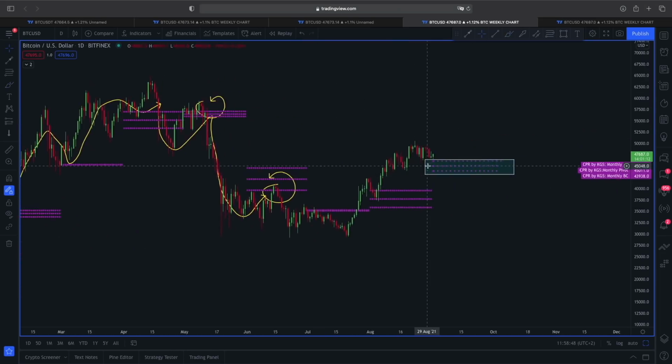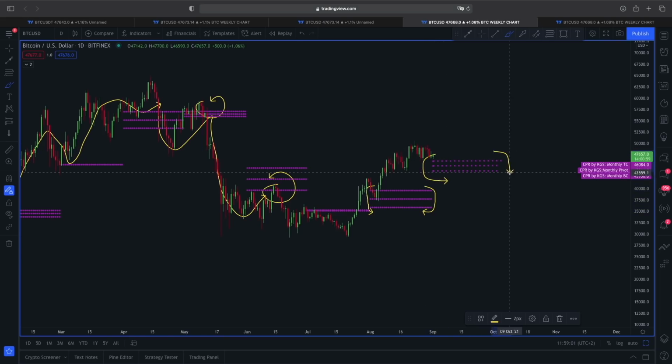And now, according to this September month and the previous month, August, you can see from July, August was an ascending CPR, higher than the previous one. And now this September CPR is also an ascending CPR, indicating that even if we are going to see any sort of pullback, these CPR lines are going to be a strong line of support, and price could actually continue this rally to the upside.